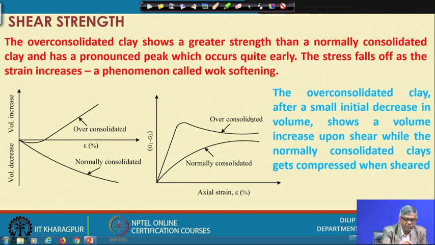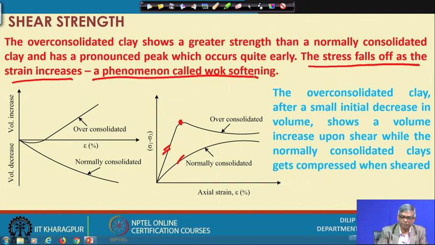So, the over consolidated clay shows a greater strength than a normally consolidated one, and has a pronounced peak. The normally consolidated soil does not have any peak, and the stress falls off as strain increases. That means beyond the peak, if you increase strain further, the strength value reduces, and that phenomenon is called work softening.